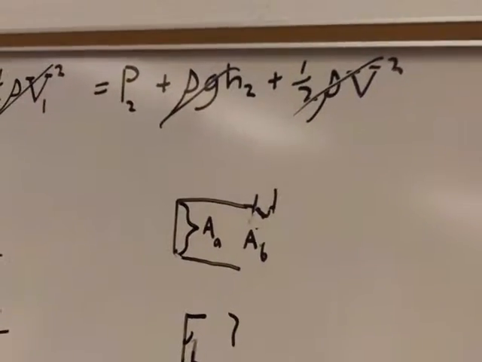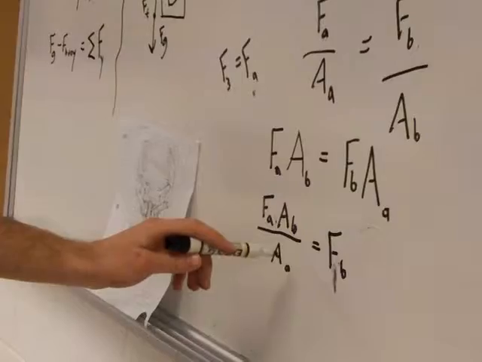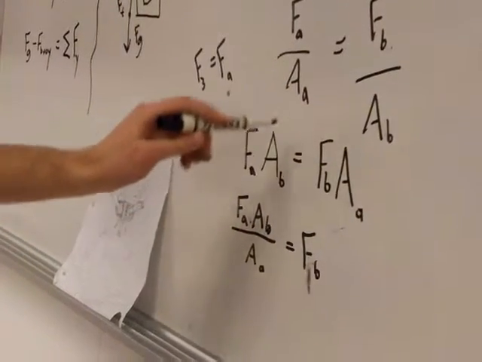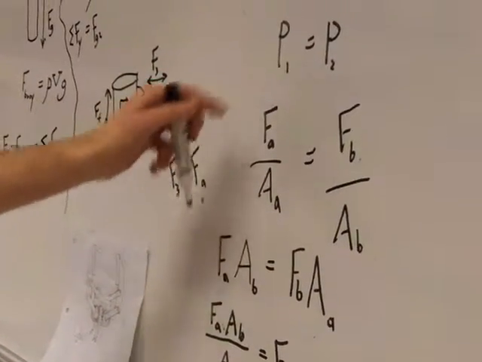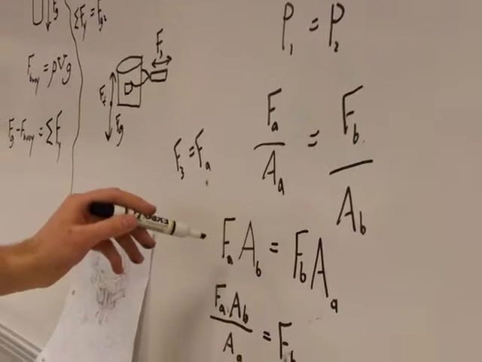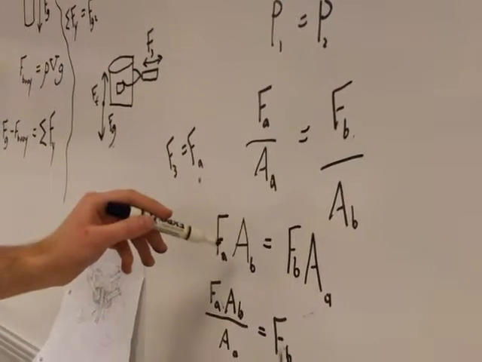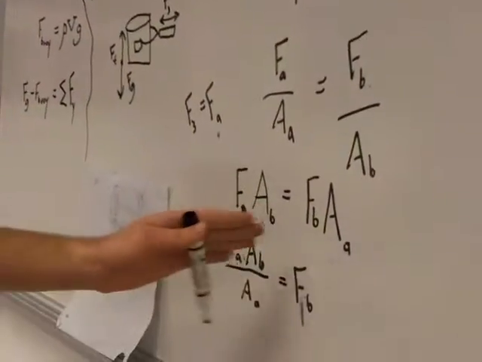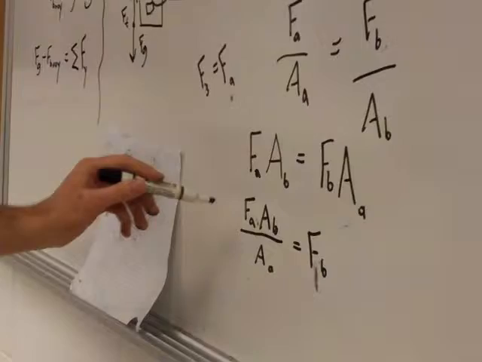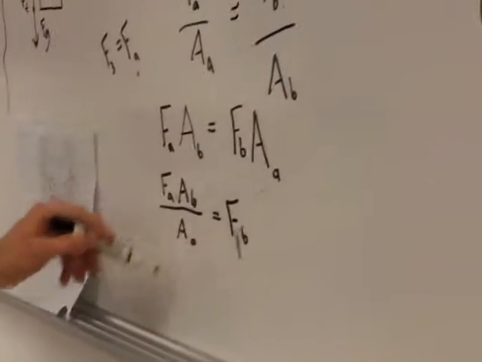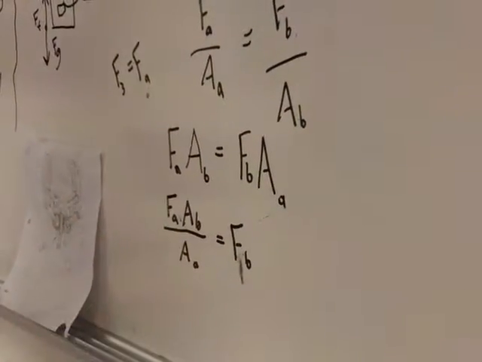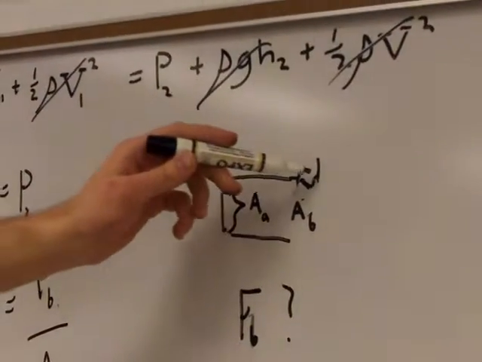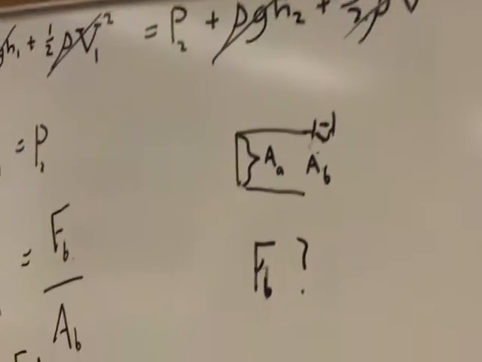By simplifying it, we can separate the fraction and get it into force A times area B equals force B times area A. Then you can simplify that more into force A times area B over area A equals force B, and that's how you find how much force is needed coming into this air hose here.